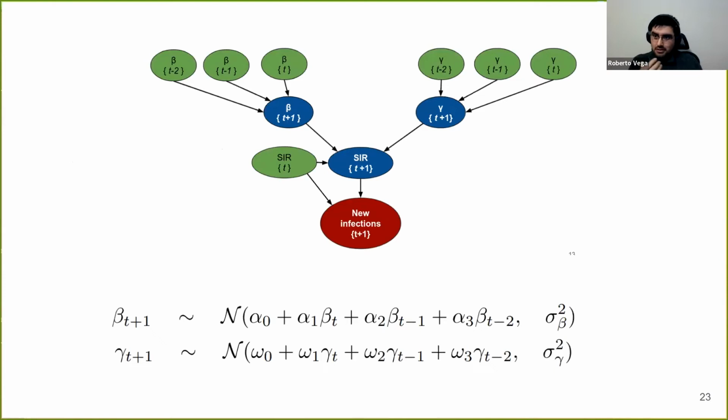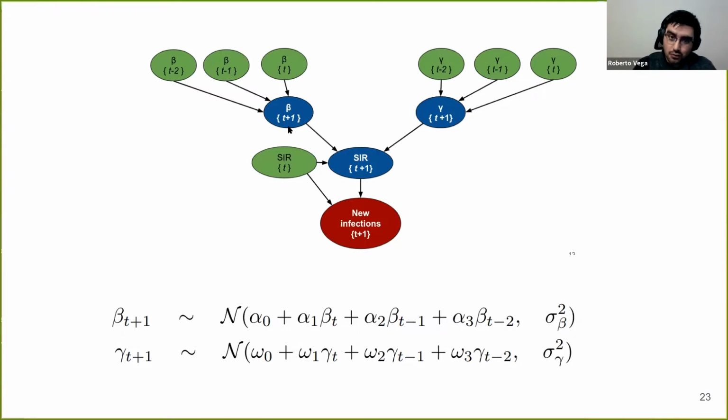We started building this graphical model. In this SIR model, the number of infected people tomorrow will depend on the number of susceptible, infected, and recovered people, and then we just compare them with today to see the new number of infected.